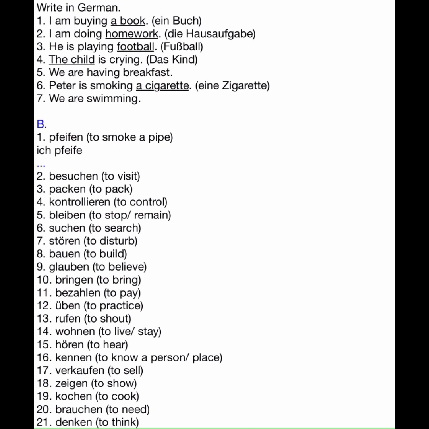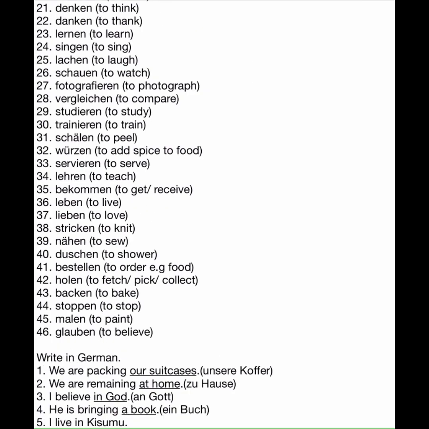And then I have to sell, verkaufen; zeigen, kochen, brauchen, denken, danken, lernen, singen, lachen, schauen; to photograph, fotografieren.